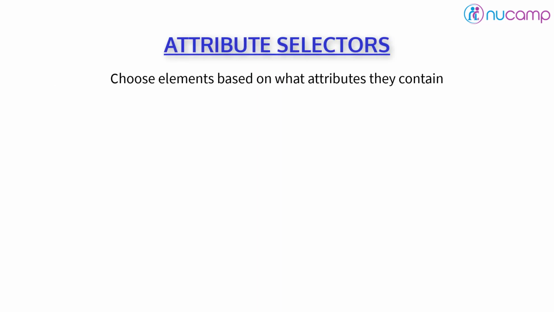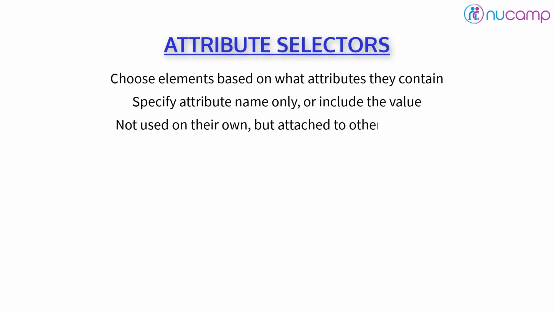Attribute selectors let you choose elements based on what attributes they contain. You can specify the attribute name only, or you can even narrow it down to attributes with a certain value. Like pseudoclasses, they don't exist on their own, but are attached to a selector.